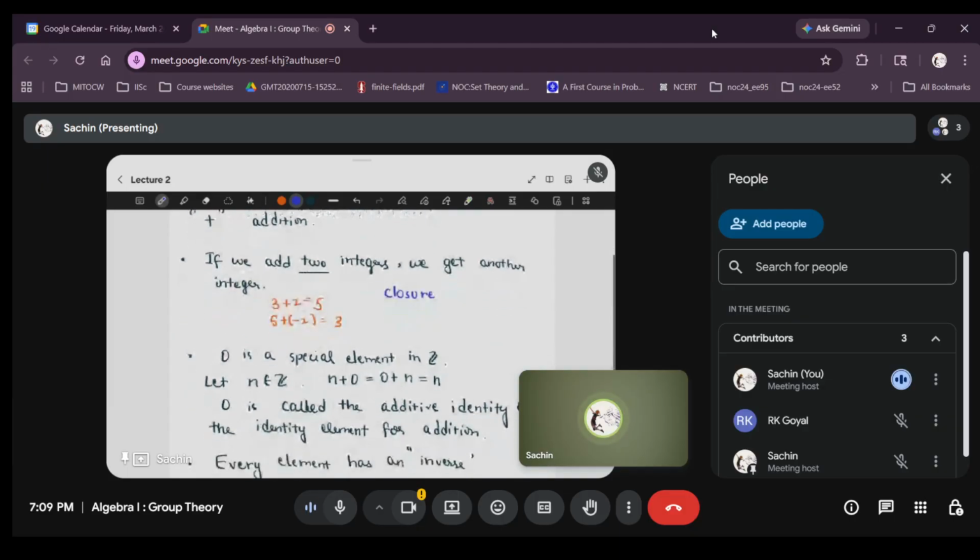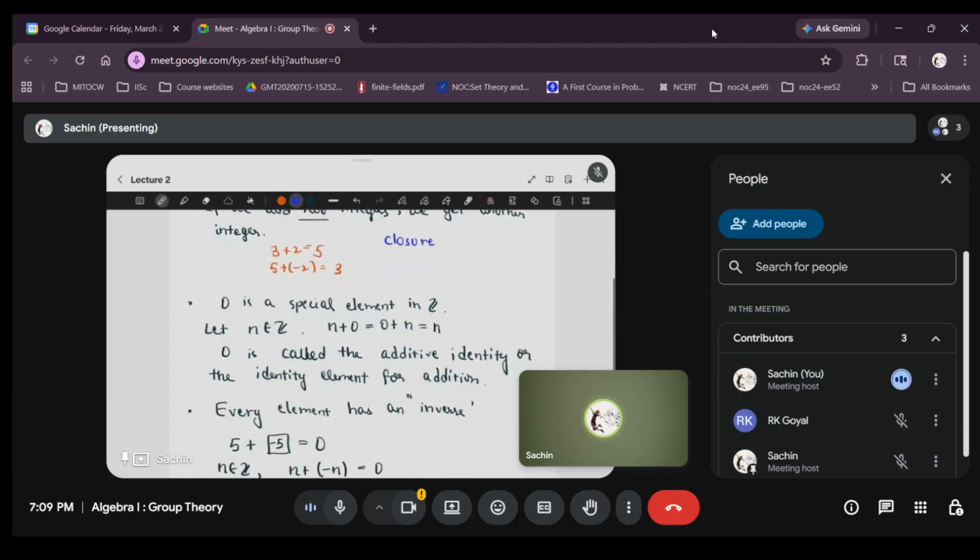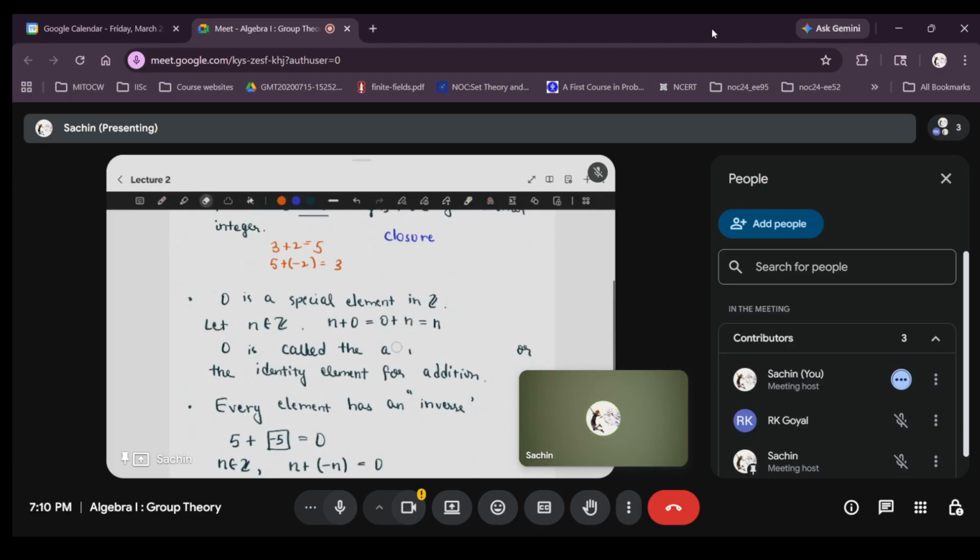The next thing, which I already mentioned, 0 is called the additive identity. And if it's not addition, if it's some other operation, it's still called the identity element of that particular operation. So an identity element exists for Z under addition.